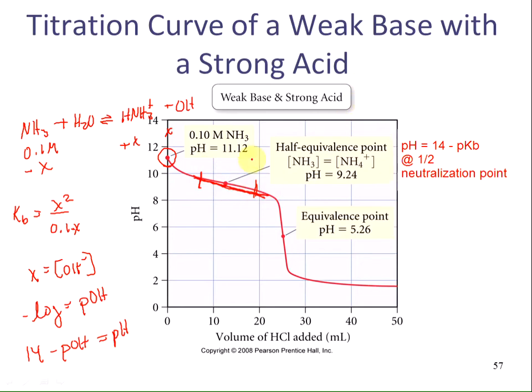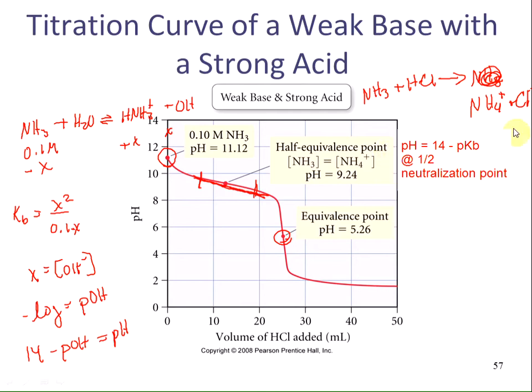And then at the equivalence point, remember, this is our type 3 calculation, and all of the weak base has been consumed by the strong acid, and there's no more strong acid left. So if we're looking at NH3 plus HCl, and that's a one-way reaction, all of your ammonia becomes ammonium, and you've got the chloride anion.